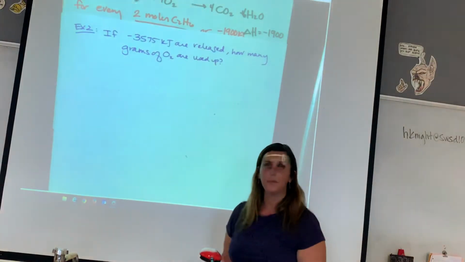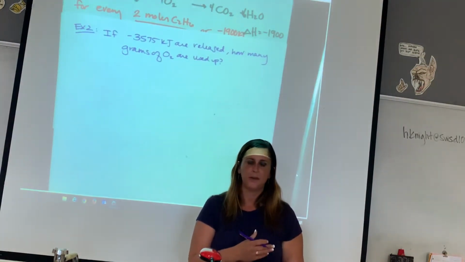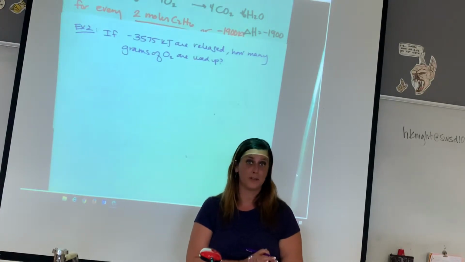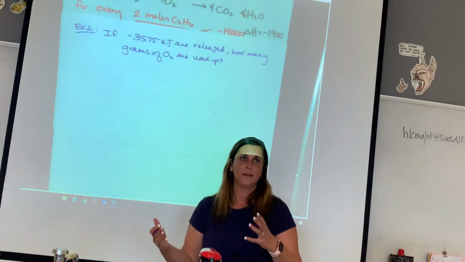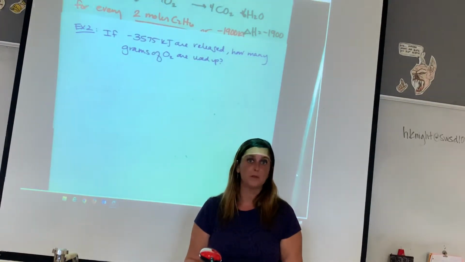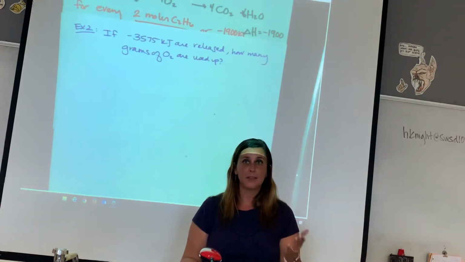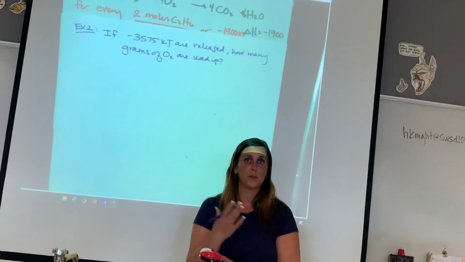So this is an example where we're given the heat factor and we are asked to answer in grams of oxygen. So we want to keep the big picture that getting to grams always has to come by way of moles, and our ticket to the moles is using one of the equivalences that we just practiced writing.